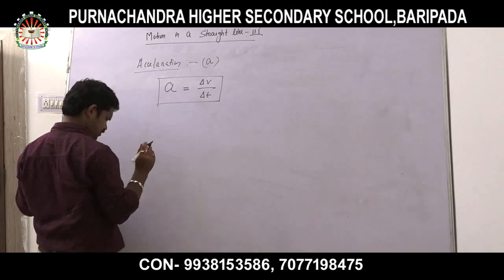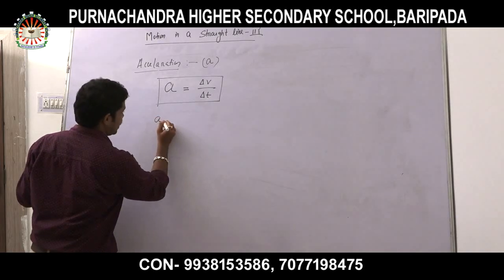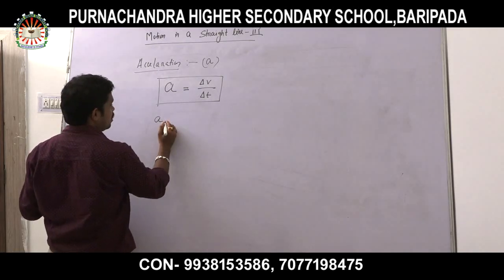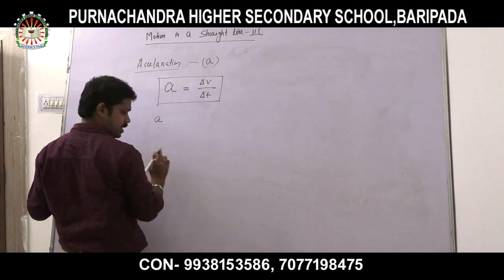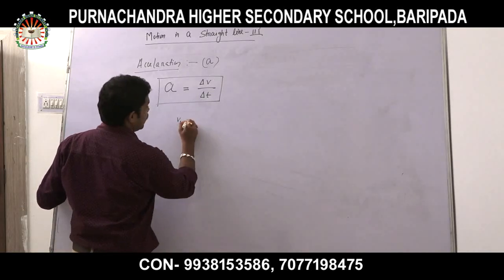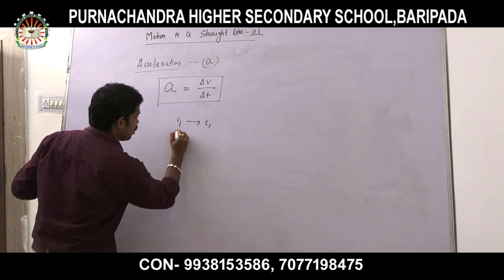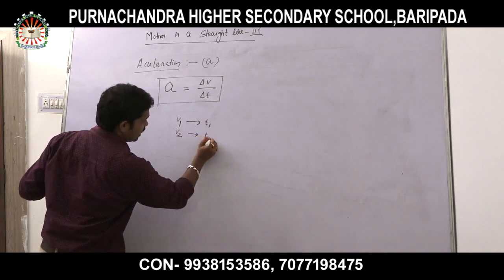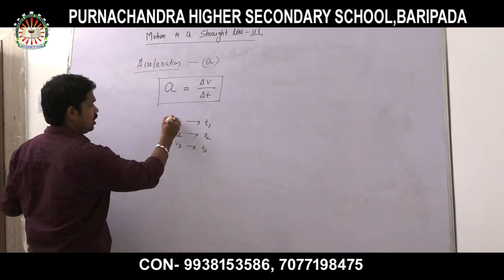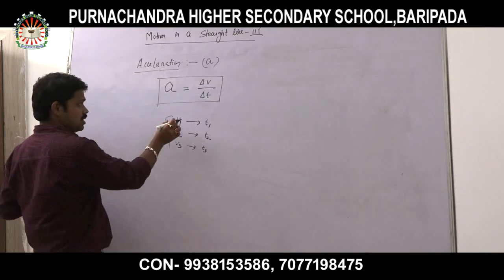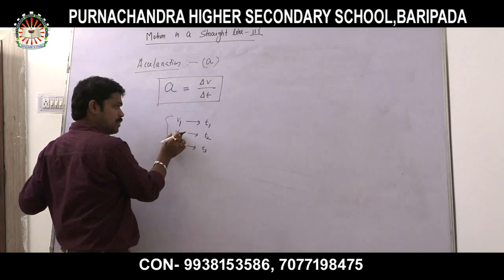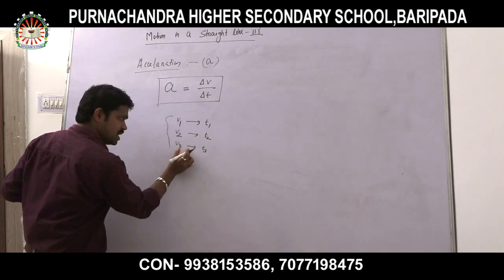Suppose an object has an acceleration A equal to d divided by t. Suppose the velocity is v1 at a time t1, the velocity becomes v2 at a time t2, and the velocity becomes v3 at time t3.